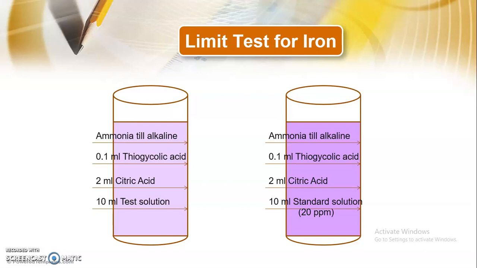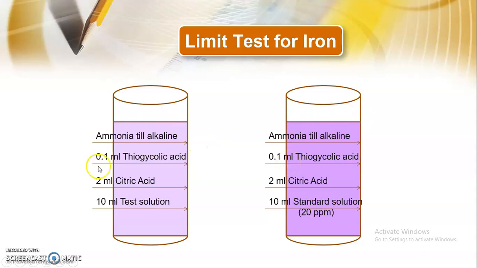As you see here, if this colored complex that is formed is less intense as compared to the standard, and here you can see clearly the color difference between this test sample and the standard, if the intensity of color of that complex is less in the test solution, then we can say our sample passes the limit test for iron.